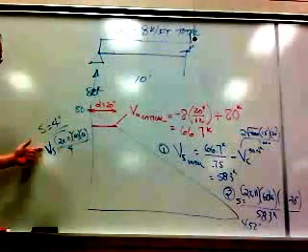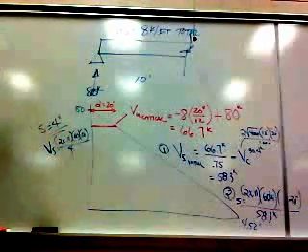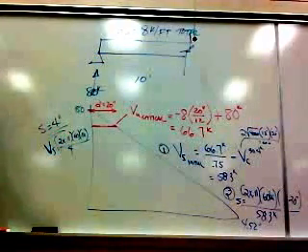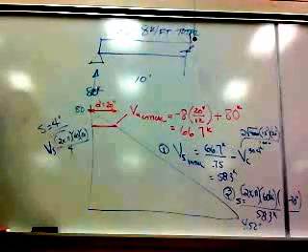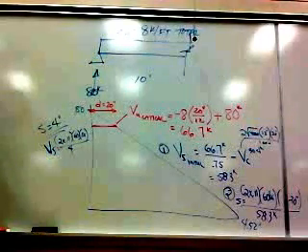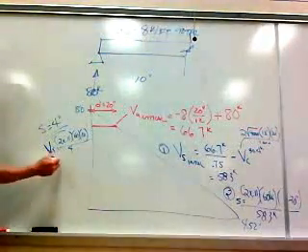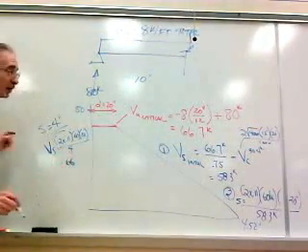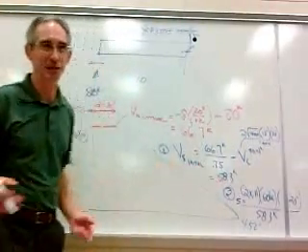What would that be? 66 point something. I only needed a Vs of 58.3, so that makes sense. I'm dropping down.